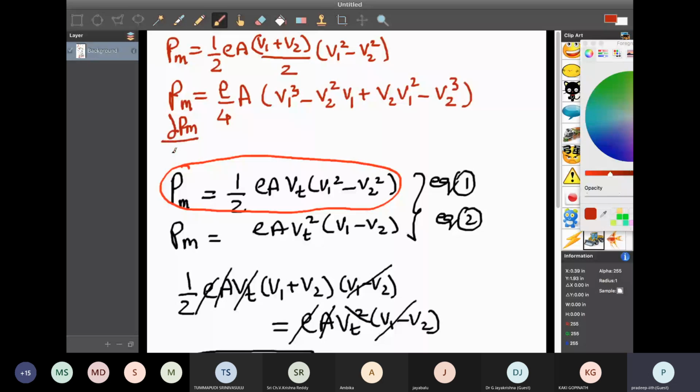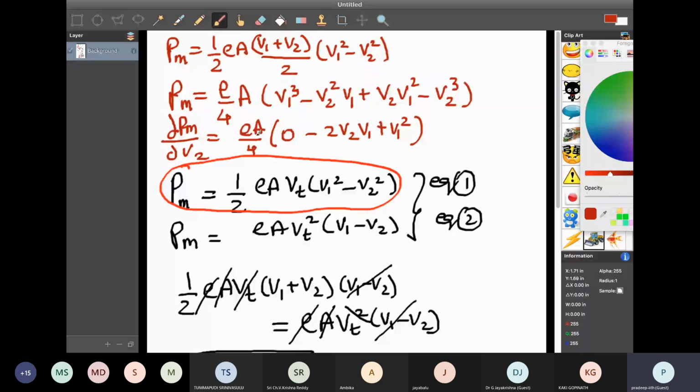So rho A by 4 is a constant. Now here differentiate with respect to V2. This will become 0, and this will become minus 2 V2 V1, and this will be V1 square, and then finally this will be again 0. Now if we differentiate and equate to 0, this term cannot be 0, so therefore this term will be 0.